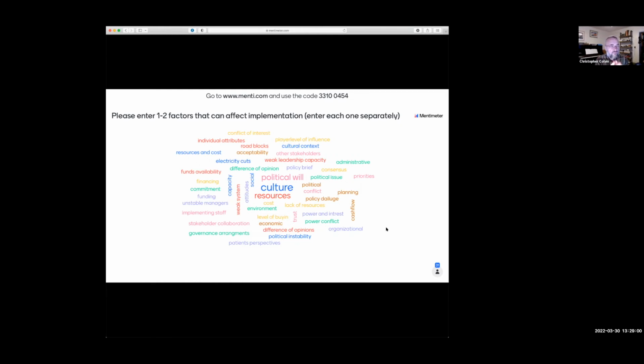So, for example, if you look here, culture and political will are slightly bigger. I think a number of people must have put in culture and political will. I think those are really important factors, but it can sometimes be too easy to point to these factors in a vague way.